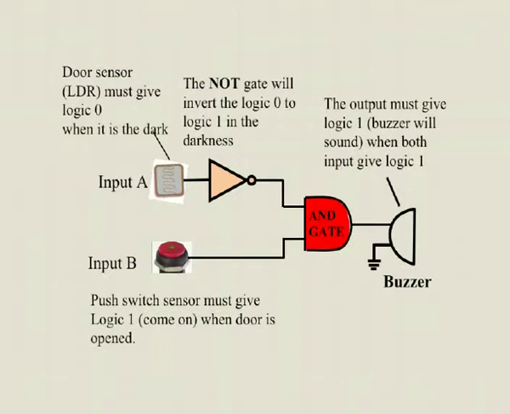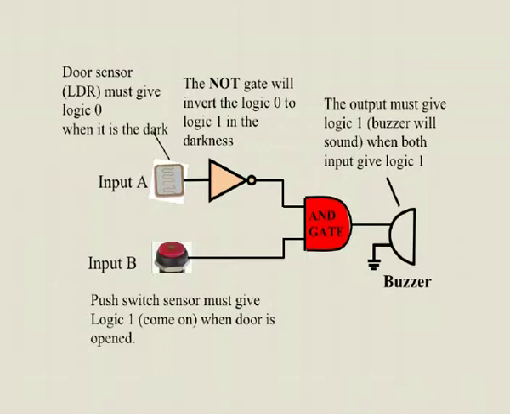Then the input of the light sensor is passed through a NOT gate which will invert the logic 0 to logic 1 in darkness. So the two inputs are now fed to the AND gate.